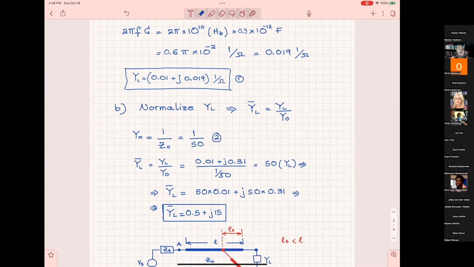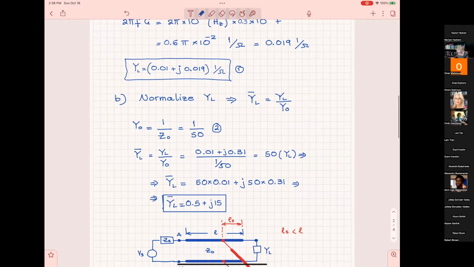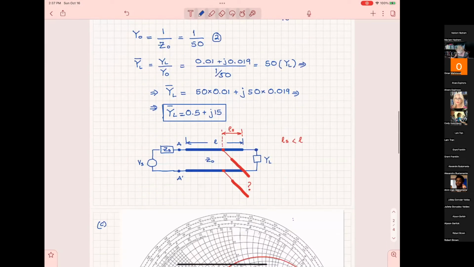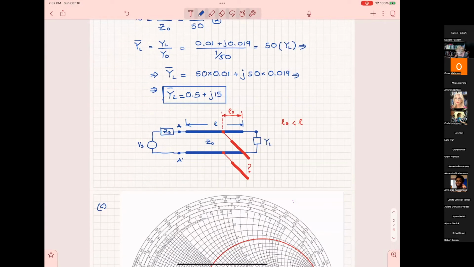And then we normalize YL with the Y naught, and then here that is going to be 0.019. And then of course here is going to be 0.019.